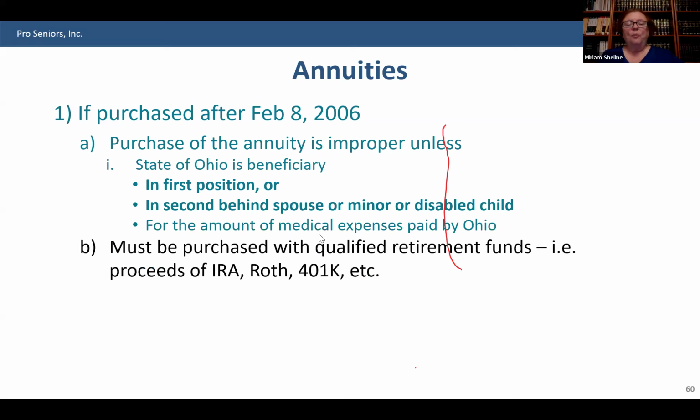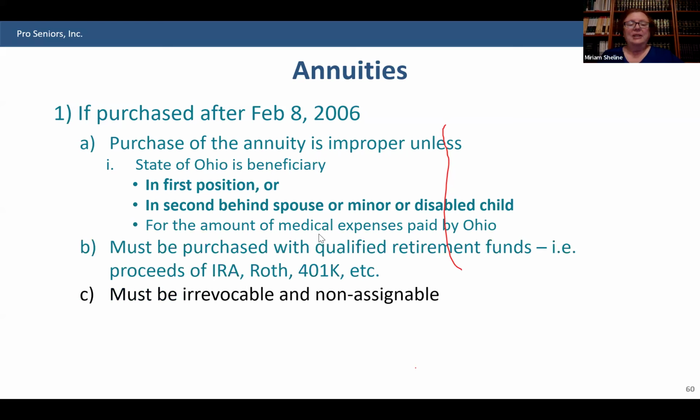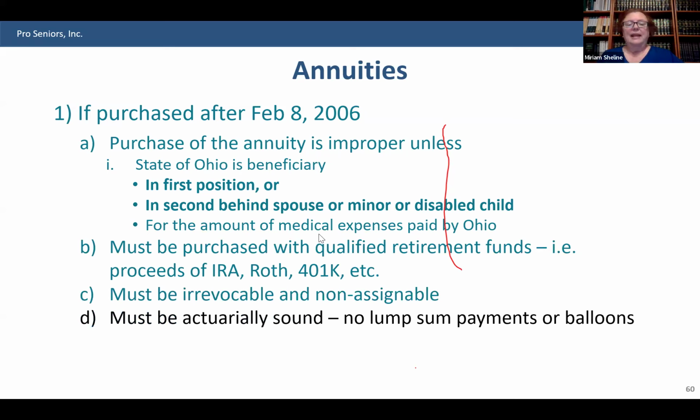It is to be purchased with qualified retirement funds, has to be irrevocable, and you cannot assign that income stream to somebody else. And it has to be actuarially sound.